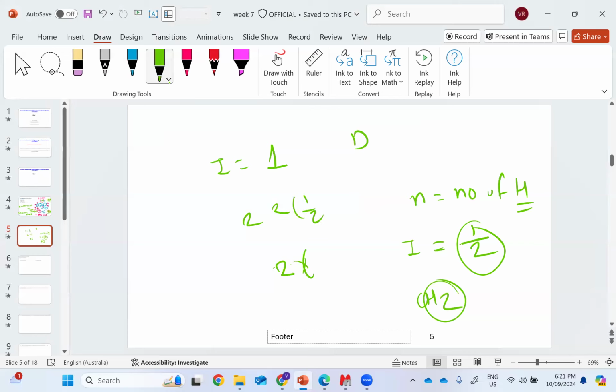I is 1/2, plus 1. This cancels, and we get three signals when we have two hydrogens.